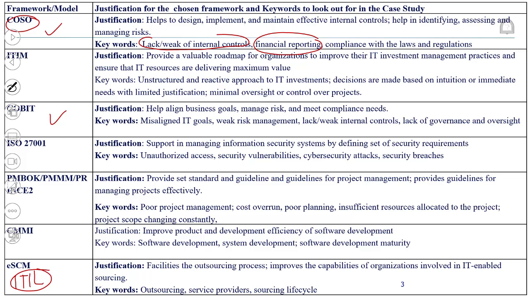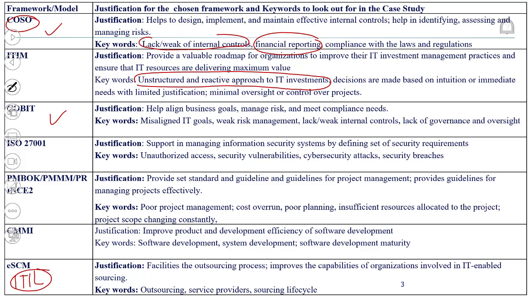ITIM is something that you've already covered, and I think it was tested heavily in the other exams that we did. One of the things that tells you there's a problem with the IT investment in an organization is if the IT investments are ad hoc, in other words, unstructured. Somebody from the sales department says, I want this particular system, and it is bought.